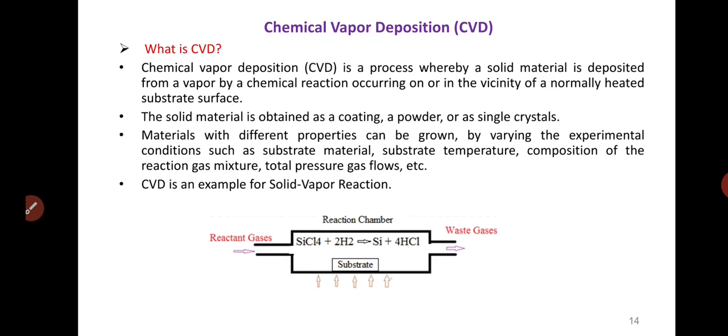The Si slice is placed on a graphite susceptor that can be heated to the reaction temperature with an RF heating coil. This method can be used to grow epitaxial layers of closely controlled impurity concentration on many silicon slices simultaneously.